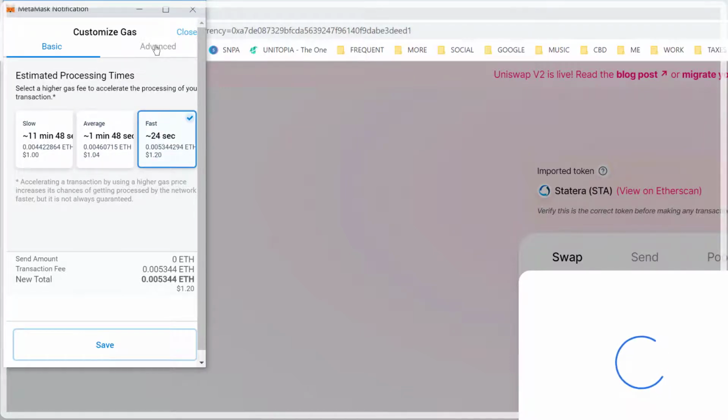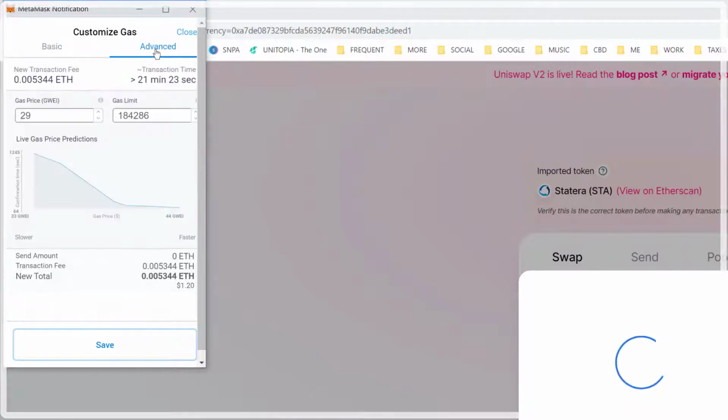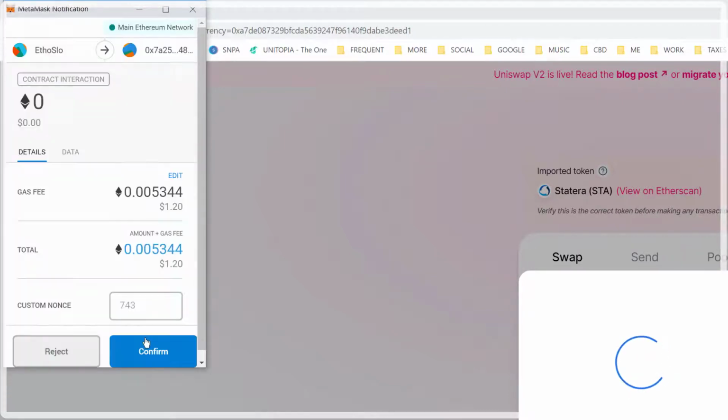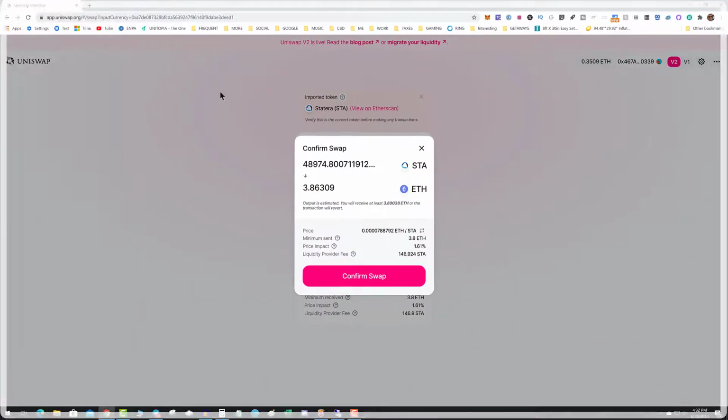You can also click on advanced and set it from a custom standpoint if you're a little more tech savvy. Okay, so I set the gas, I hit save, and then I would hit confirm. Now I'm not actually going to do that transaction. So hit cancel.